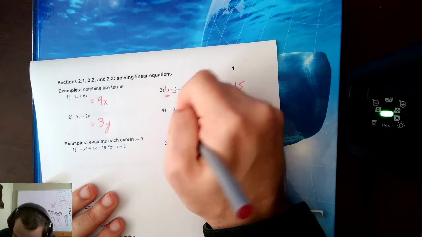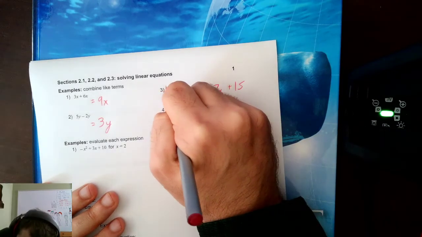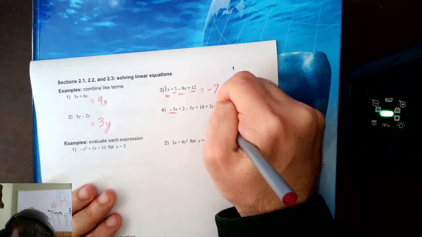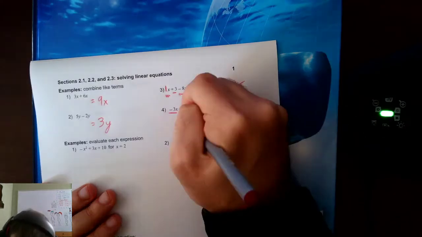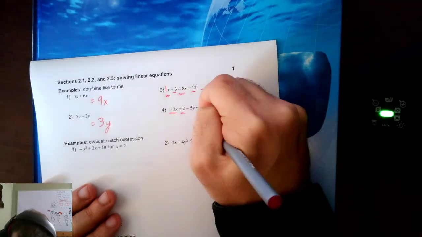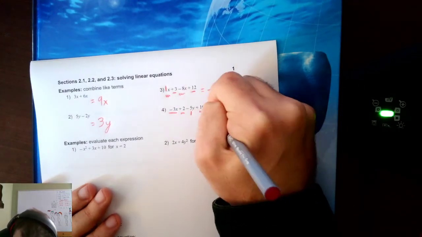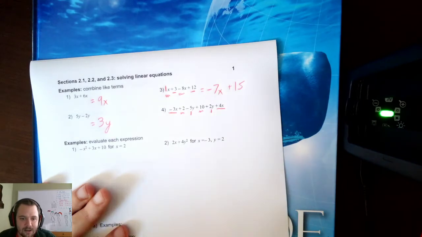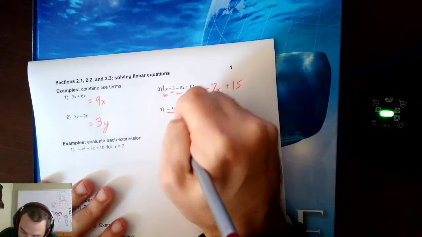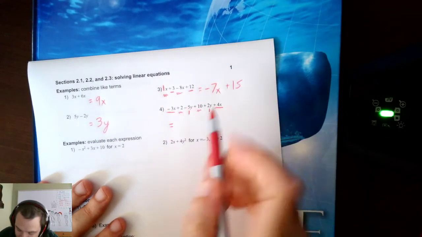In my last example, I have minus 3x and plus 4x. I have a 2 and a 10. And I also have a minus 5y and a 2y. So I delineated which terms were like, and now I'm going to combine.